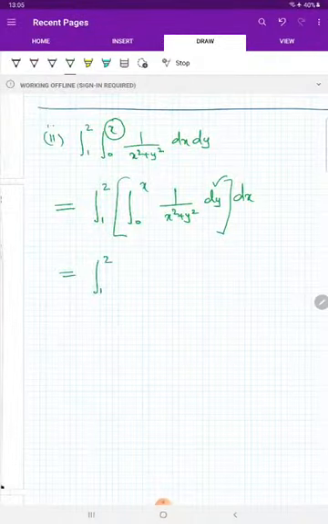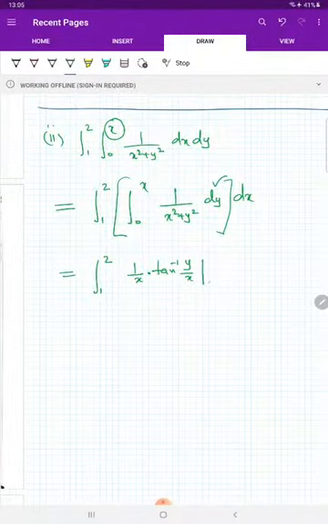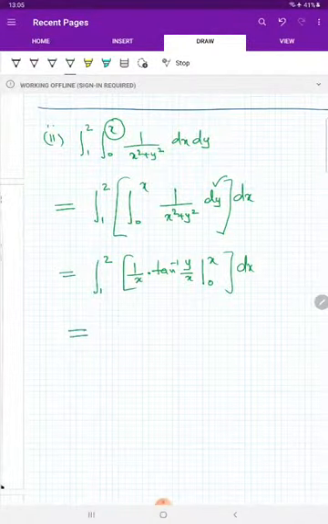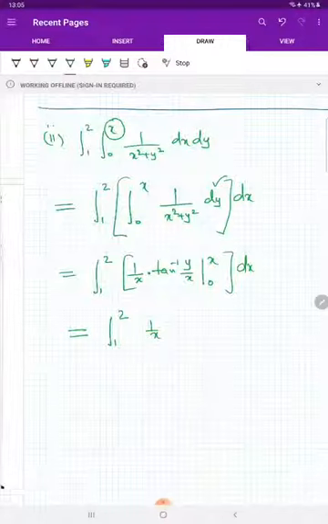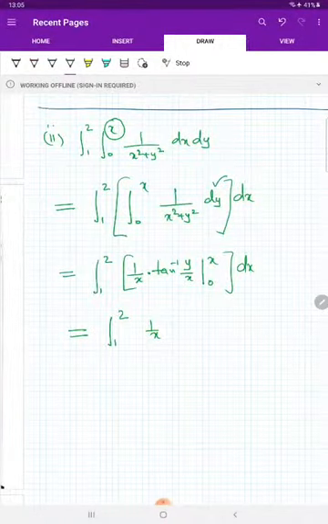The integral of 1 upon x square plus y square is nothing but 1 upon x tan inverse y upon x, limit 0 to x, dx. On substituting the limits, we get 1 upon x tan inverse 1, and tan inverse 1 is nothing but pi by 4, minus tan inverse 0.